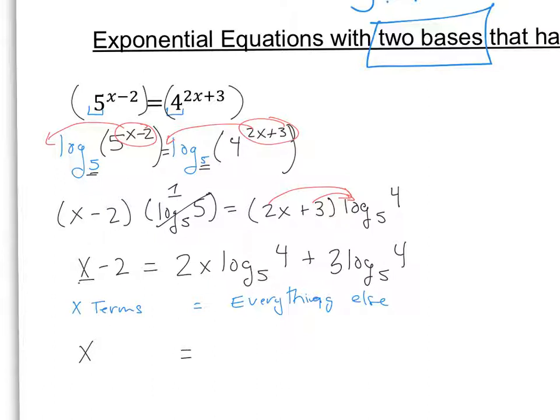I am actually going to add 2 to both sides of this equation, so the positive 2 comes here. This term I subtract and move to the other side, so that gives me my minus 2x log base 5 of 4, and my plus 3 log base 5 of 4 comes down.